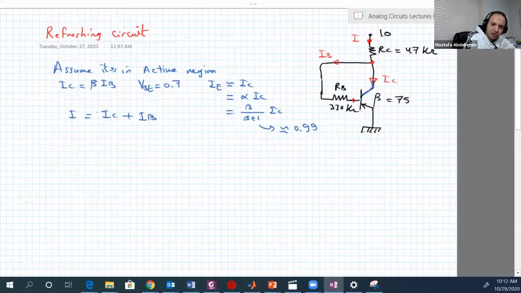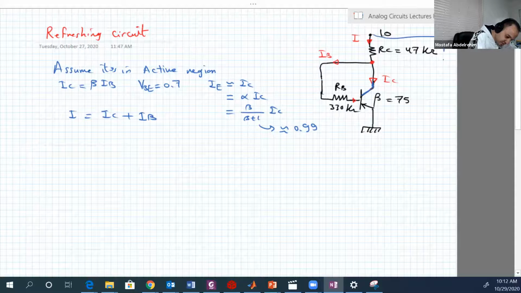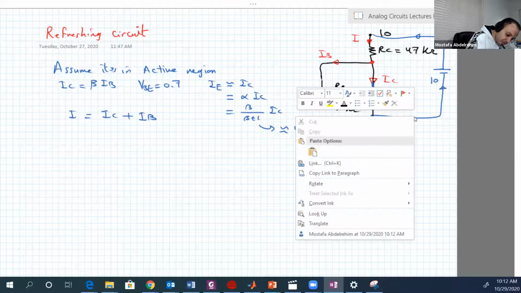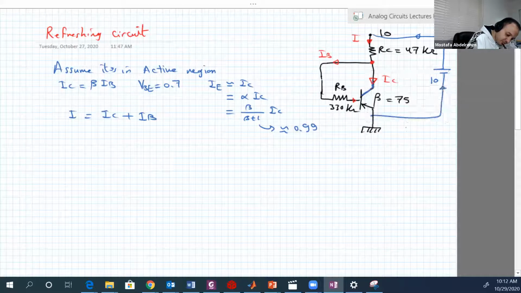One may say, oh, this is the emitter current. Yes, this is the emitter current. If we draw the circuit completely like this, here is the 10 volt, so this current is coming that way. So it's actually the emitter current.